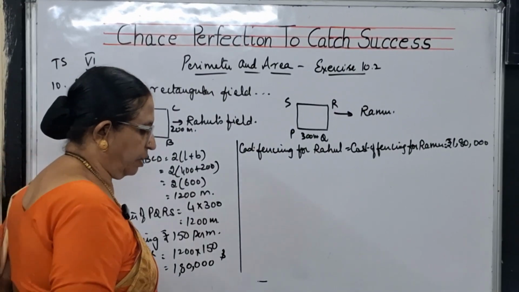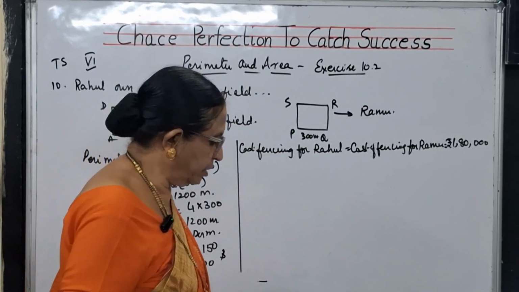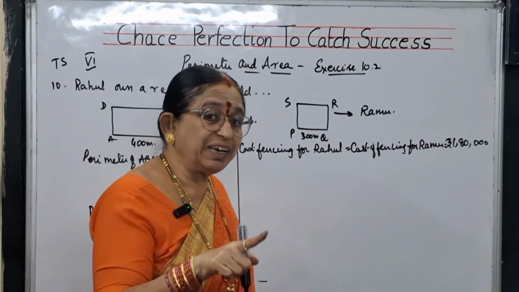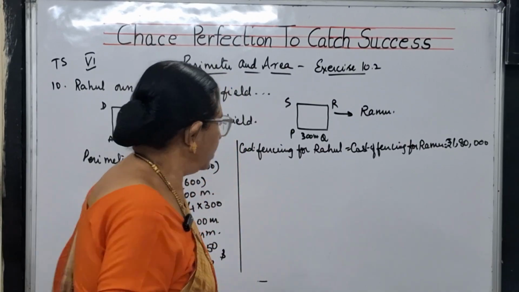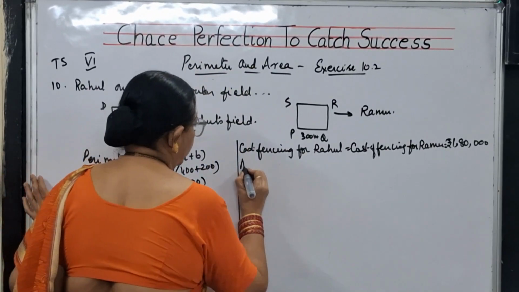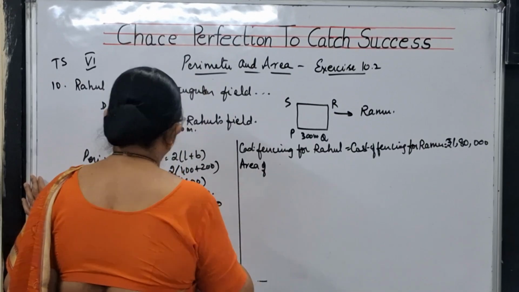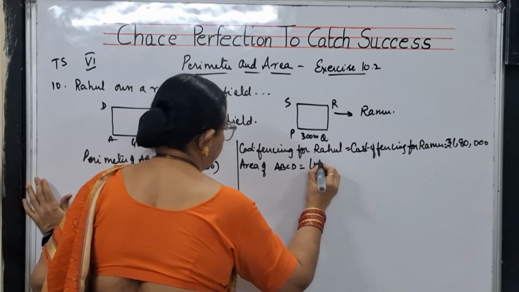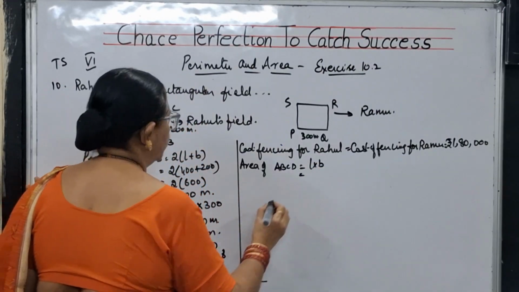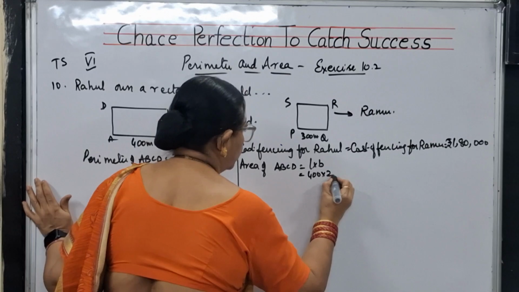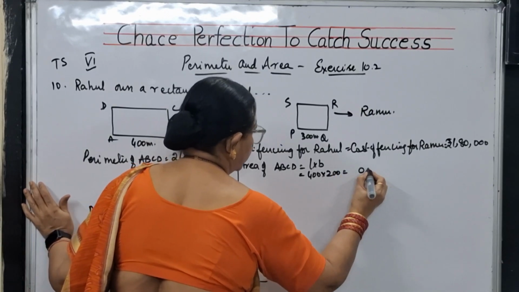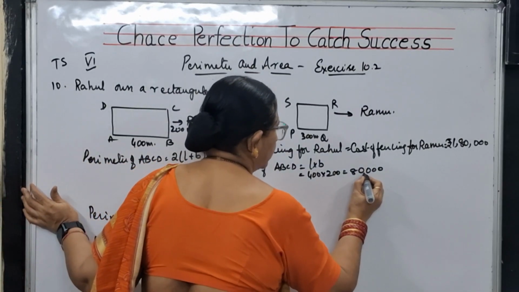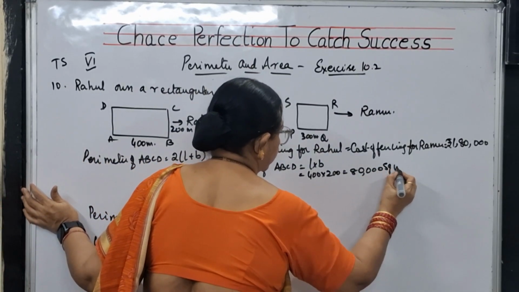Next, what are they saying? They wanted to plant trees. A provision is given for that. One tree can be planted in 10 square meter area. That means we need to find out first the area of ABCD. Area of ABCD is L into B, that is equal to 400 into 200, 2 4s are 8, 80,000 square meters.